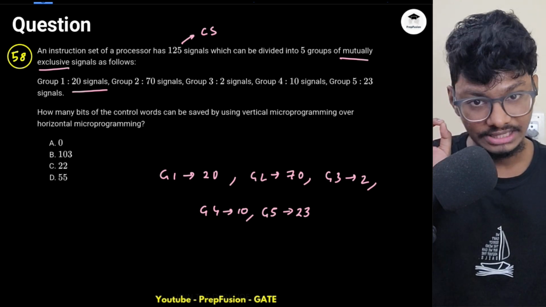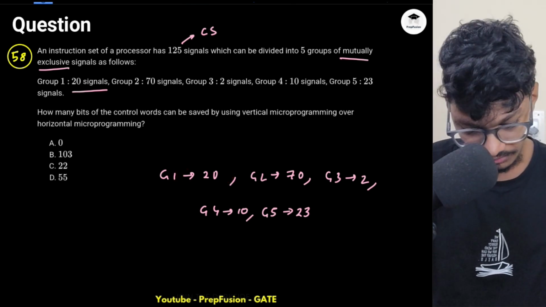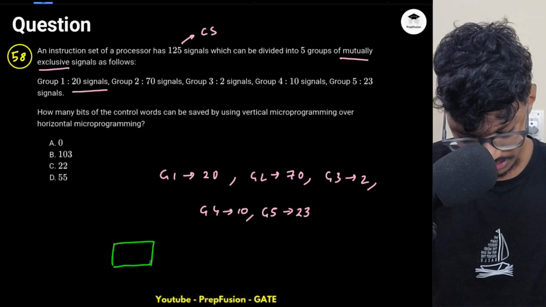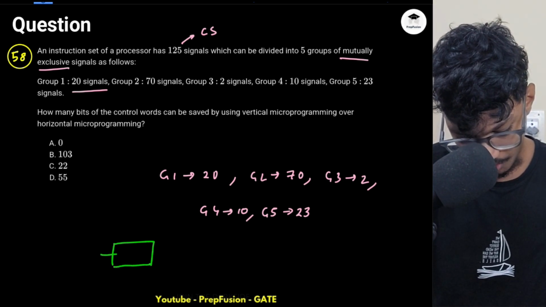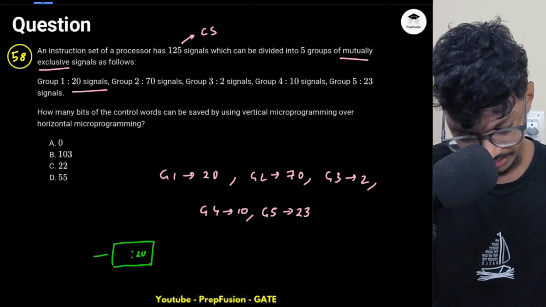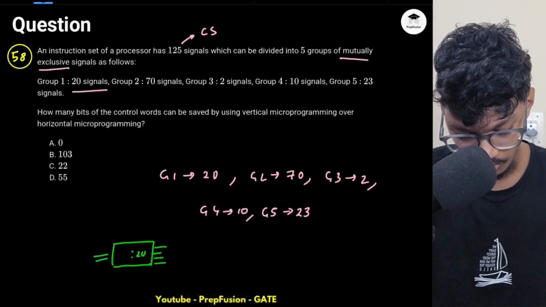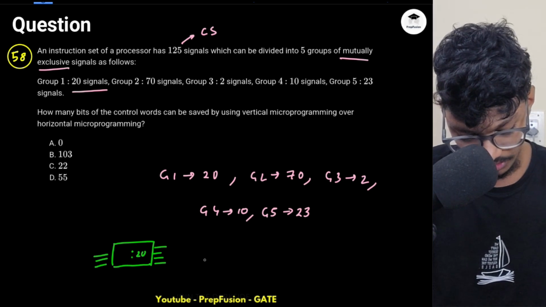So how many bits will I require to represent 20 control signals, right? So this is a decoder. In a decoder logic, basically how many bits will I require? The right hand side is 20, right? It should give me 20 bits for the control signal. So on the left hand side, how many bits will I require?